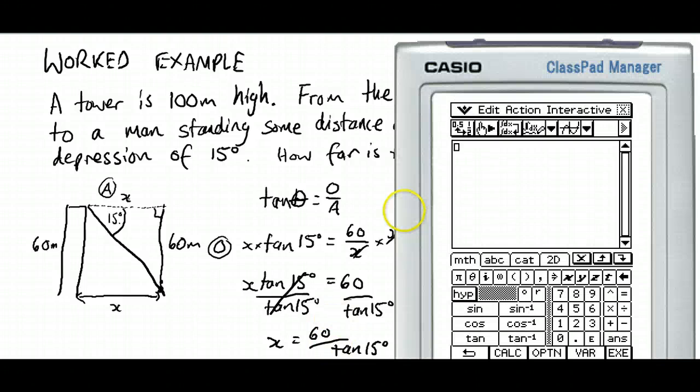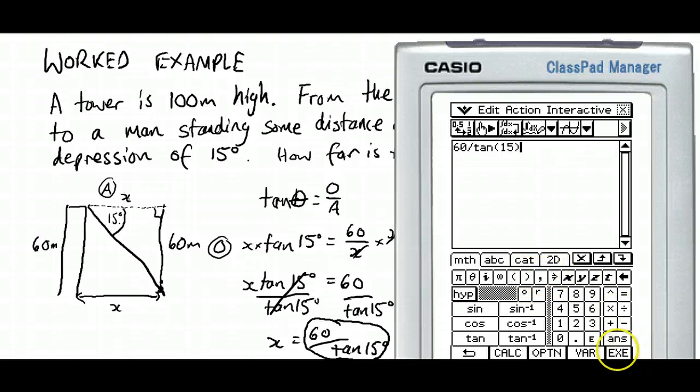Okay, let's put that in. So here's our calculator. This is the bit that we need to put into the calculator: 60 divided by tan of 15. So let's put that in. 60 divided by tan of 15 degrees, and the calculator is set on degrees, so that should work.